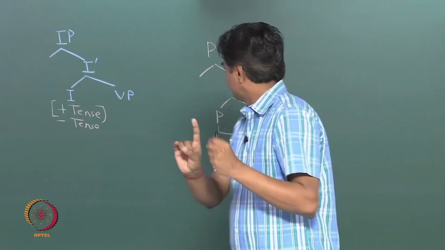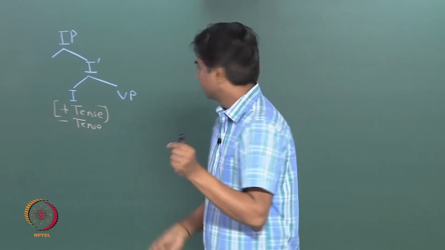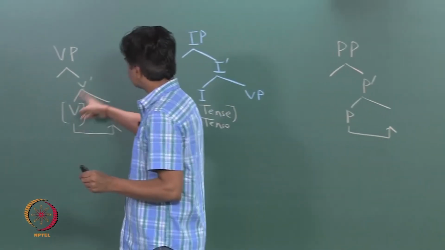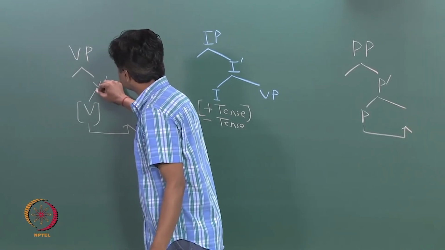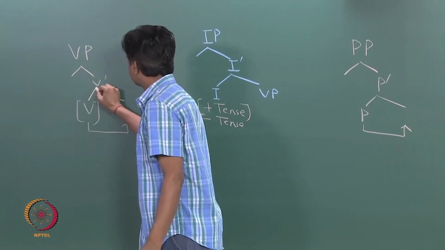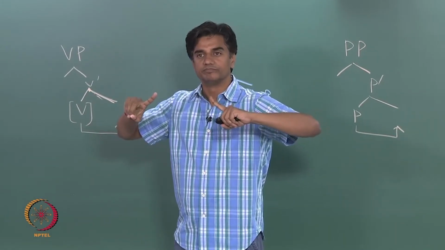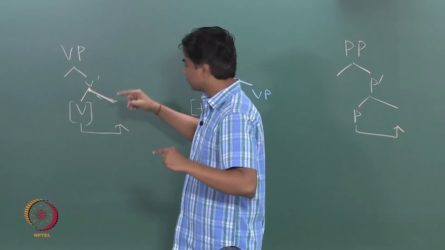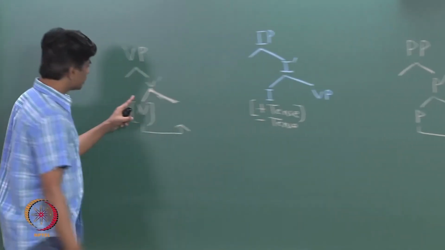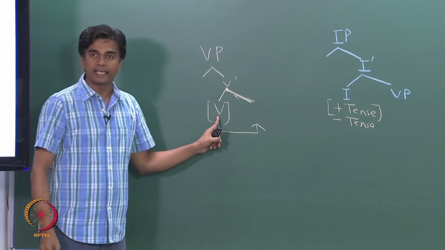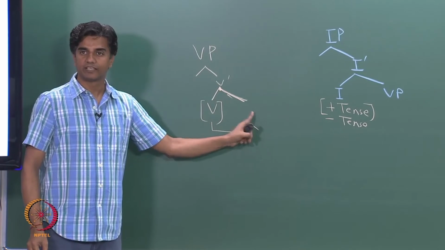And here, if the term first branching node is not clear, what we mean is this. What's the first branching node here? This is the node which is branching. Okay? So let's first understand this. First branching node dominating A, does it dominate B? Yes.